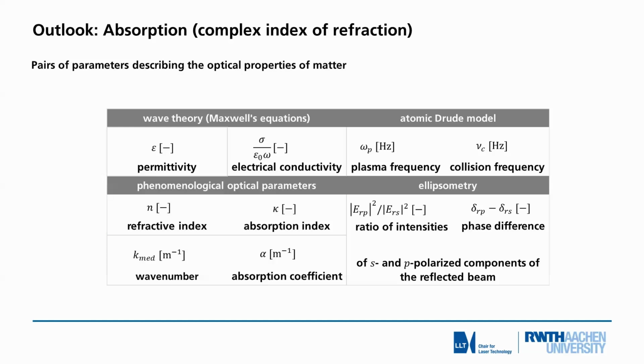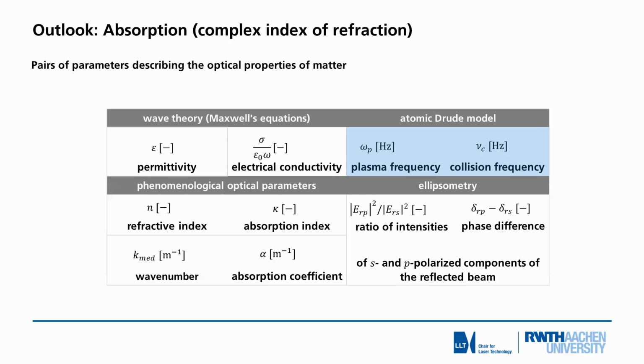In the last slide, we also learned that the change of the wave number in the medium and the absorption coefficient can be taken, very similar to the ones above. However, then you may know from Maxwell equations the parameters of permittivity and electrical conductivity.